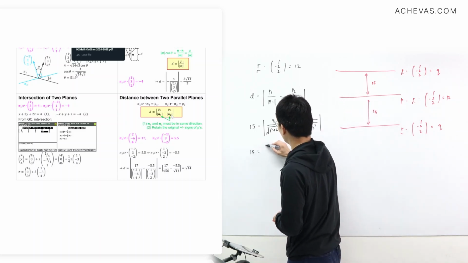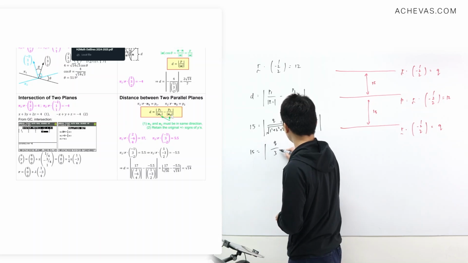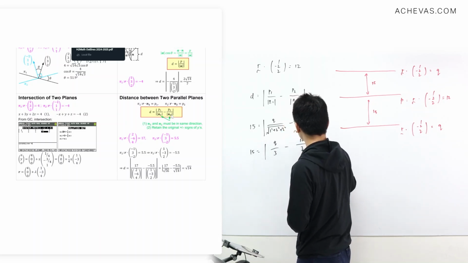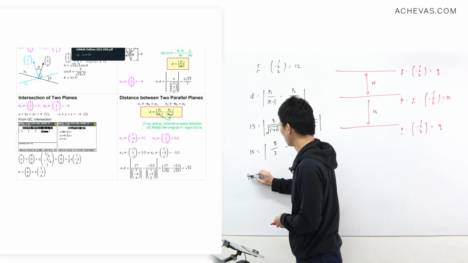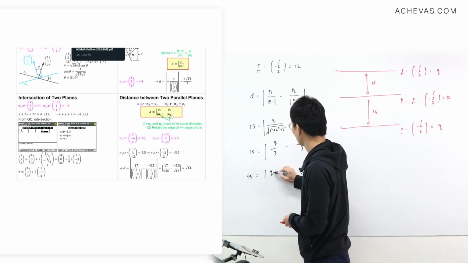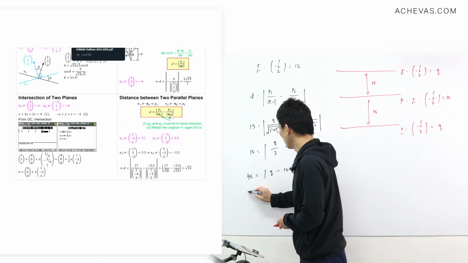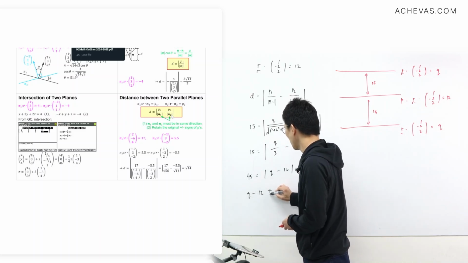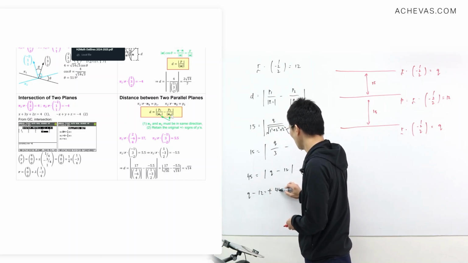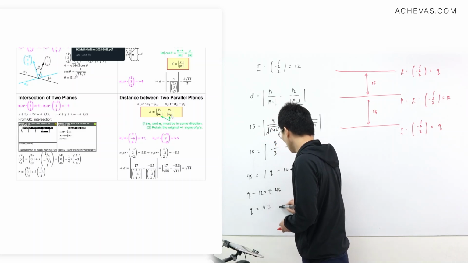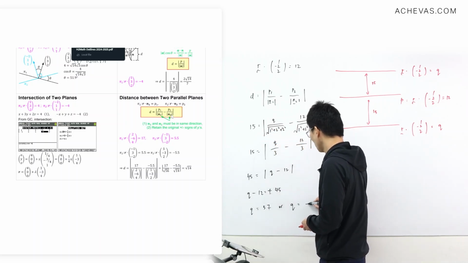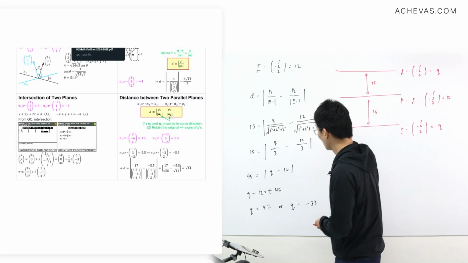So I got 15 equals modulus of Q over 3 minus 12 over 3. Multiplying 3 over to the other side, I got 45. Getting rid of the modulus, I will have plus minus 45. Solving for Q, I will get Q equal to 57, or Q equal to minus 33.